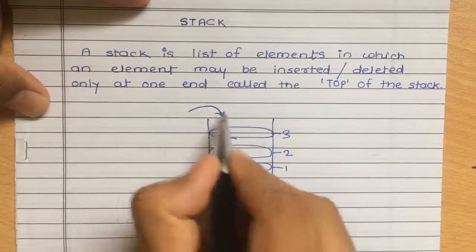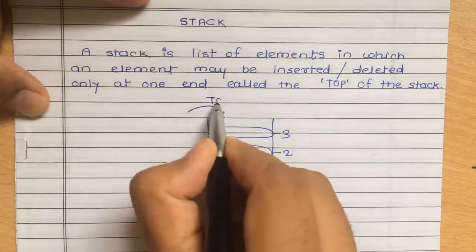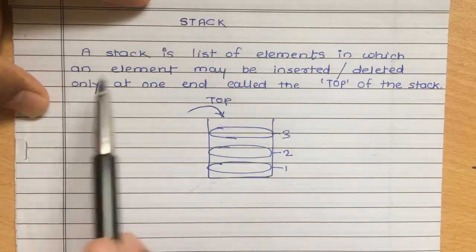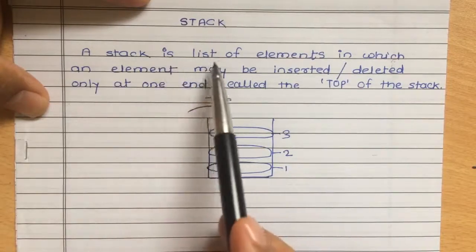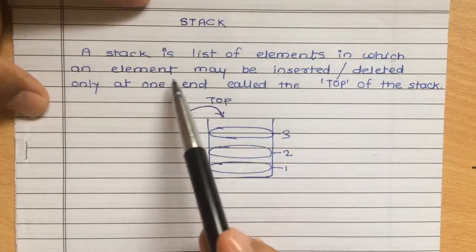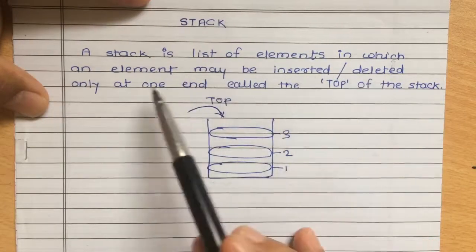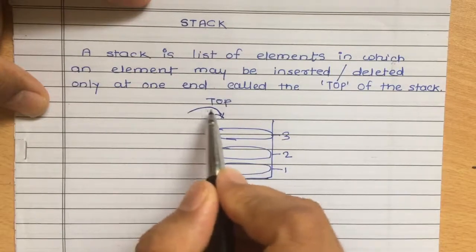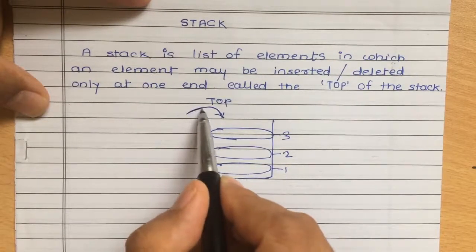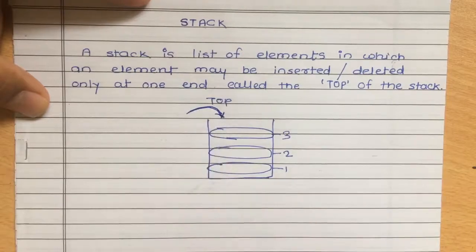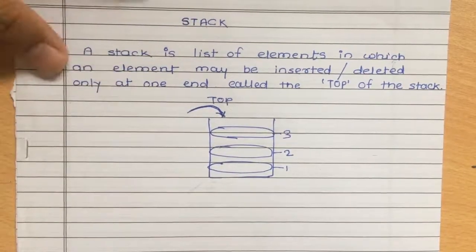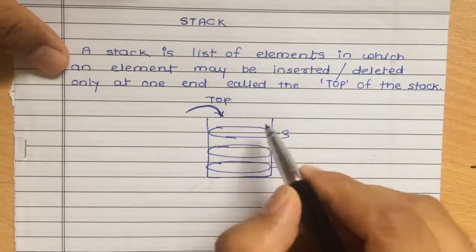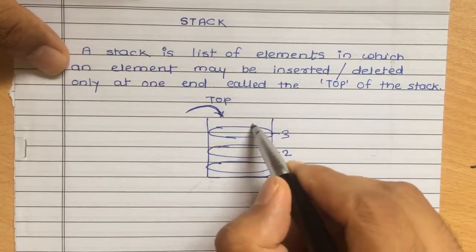This end is called the top of the stack. As the definition implies, the stack is a list of elements in which an element may be inserted or deleted from one end, and that end is called the top. Now I want to remove one dish. Obviously this is a stack, so first I will remove the third dish.